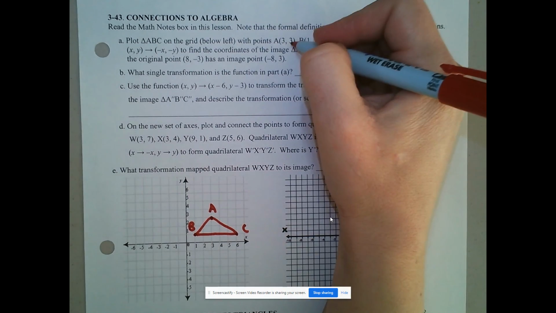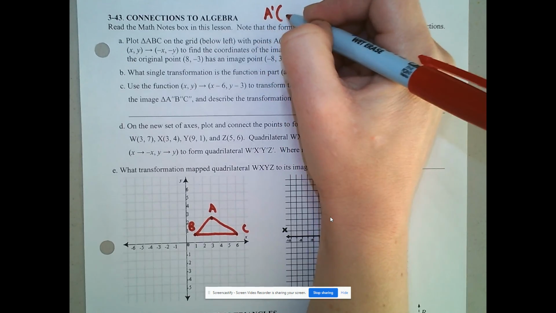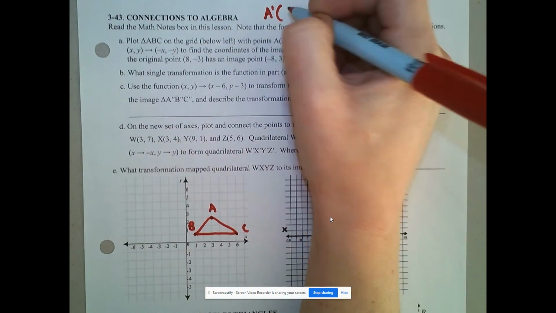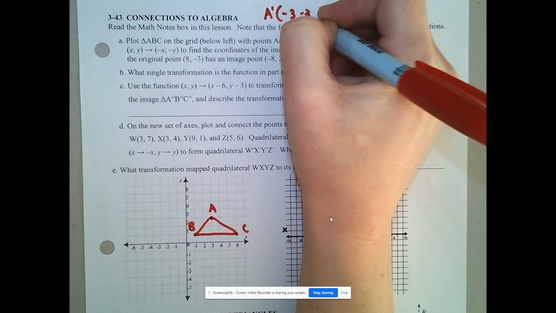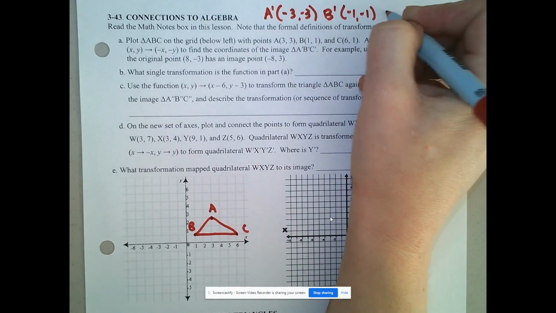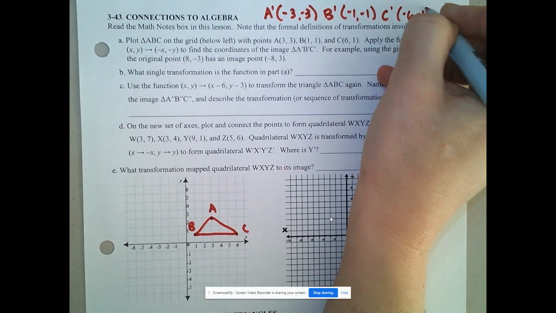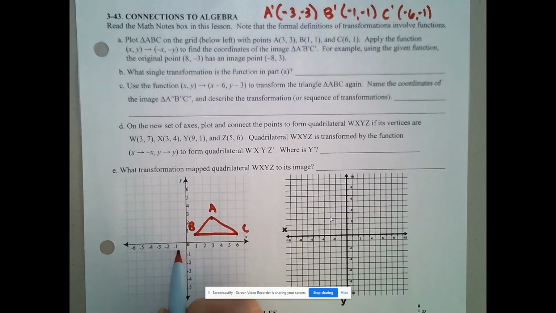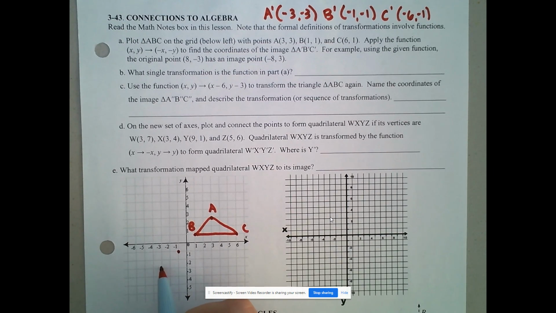So if A was 3, 3, A prime is going to be both negatives, but they stay in the same order. So -3, -3. B prime would be -1, -1. And C prime would be -6, -1. So then I can go down and graph the first -1, -1, -3, -3, and -6, -1.